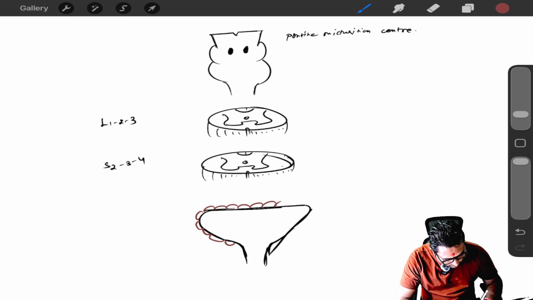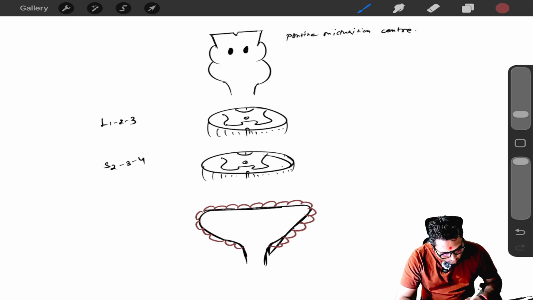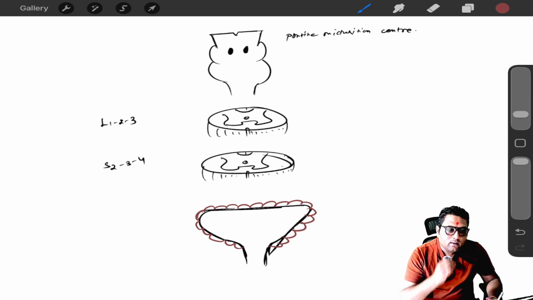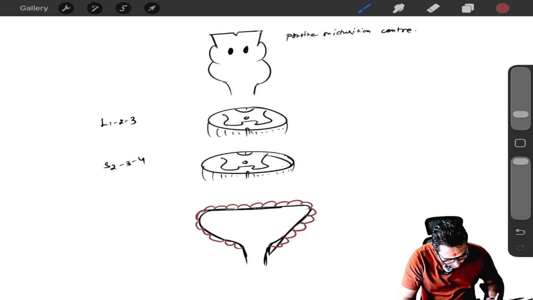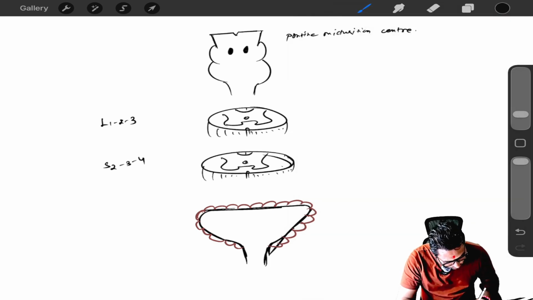Because when one unit of the detrusor muscle contracts, the whole muscle will contract, because they are connected through gap junctions. So when one cell is stimulated, the action potential runs throughout the whole muscle. Now at the lower part of the bladder, there is a triangular shape, and this triangular area within the bladder is called the trigone.